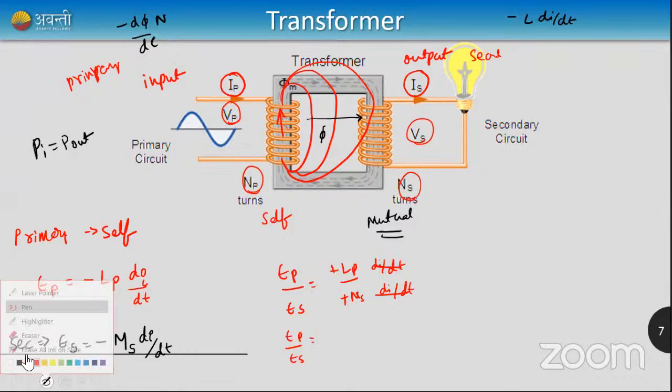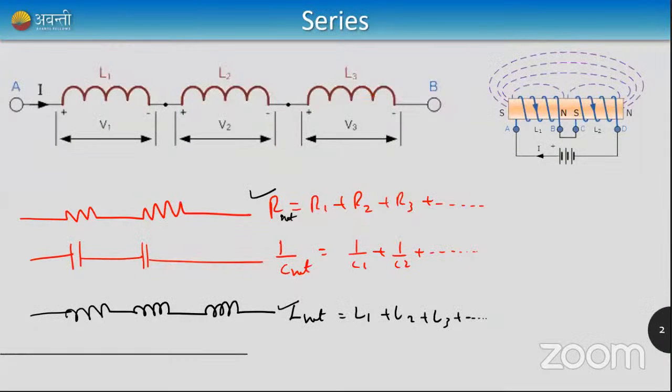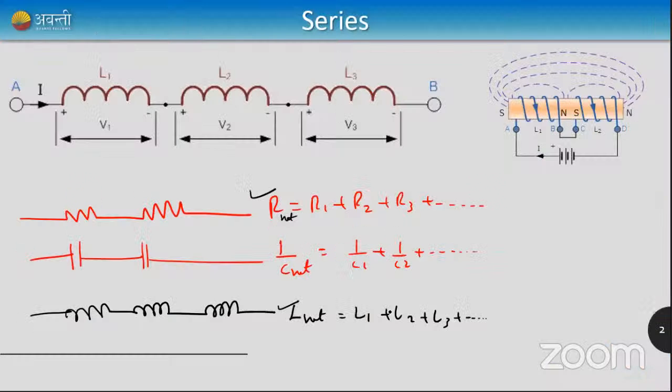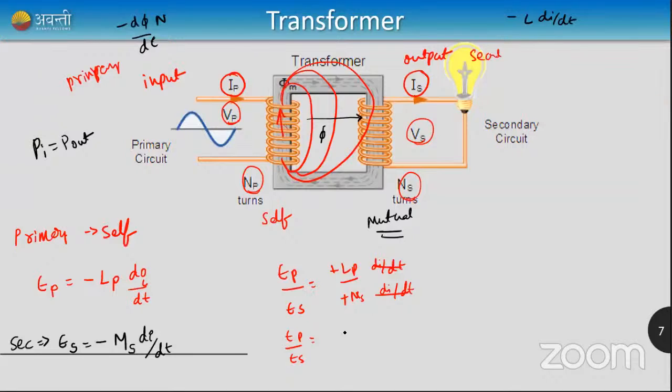So what is LP, guys? LP is self-inductance, so let me write the self-inductance formula. What is the self-inductance formula here? It is N squared mu naught A by L, which you already derived. So for the primary it is the number of turns in the primary coil squared times area times mu naught by length L, divided by the mutual inductance, which is the number of turns N1 times N2 times area times mu naught by L. So A mu naught by L cancels, and one factor of NP cancels.